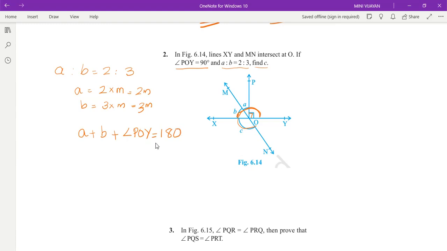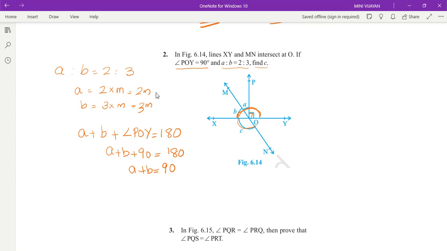We get a straight line there, and angle POY is given as 90 degrees. So A plus B plus 90 equals 180. So A plus B equals 180 minus 90. Since this 90 is added on the left side, you have to subtract it on the right side. So it will be 180 minus 90, which is 90. A plus B is equal to 90 degrees.